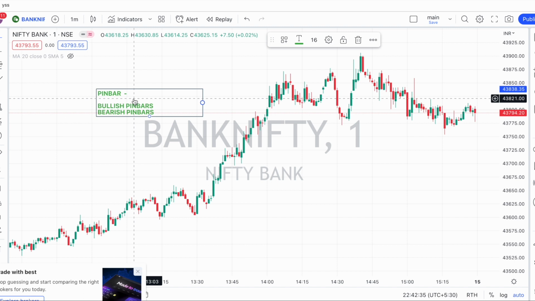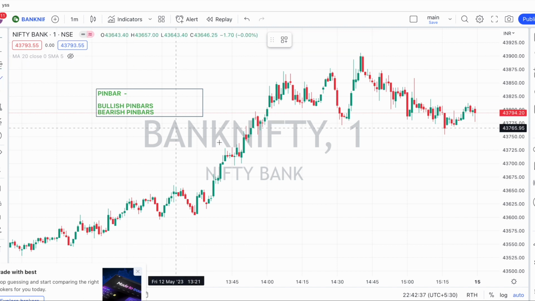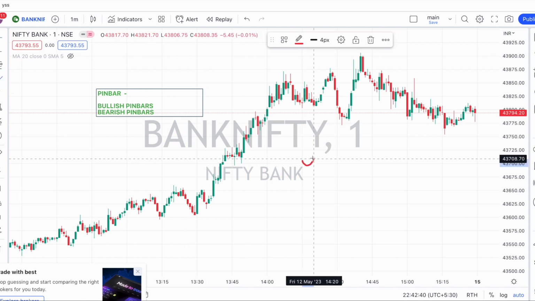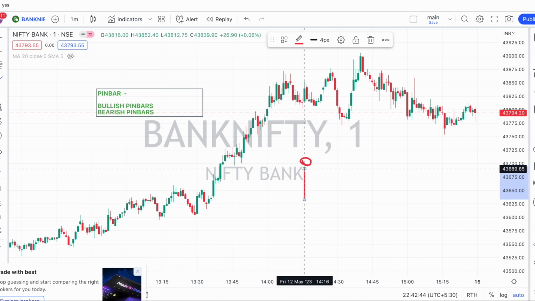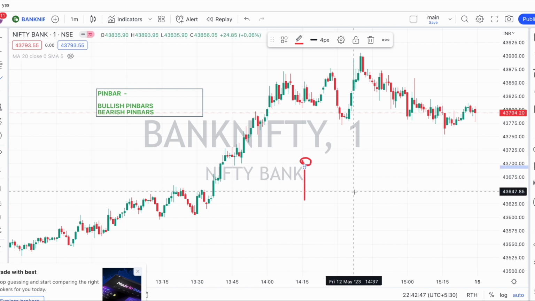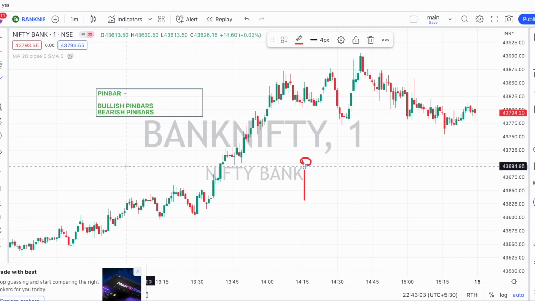Now, what is a bullish pin bar? A bullish pin bar is a structure like this. The color of the candle is not important, but if the wick of the candle towards the downside is longer than the body of the candle, it is called a bullish pin bar.